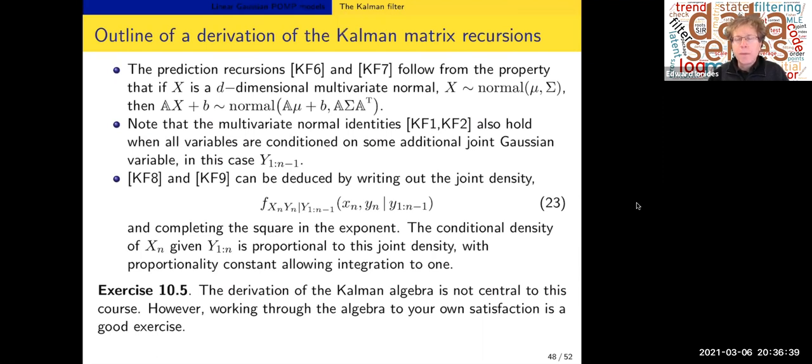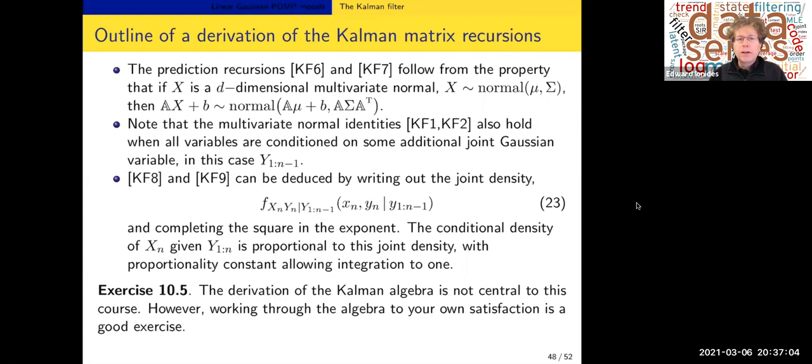The prediction step is exactly of this form, taking a linear combination, adding in some noise, and just doing the mean and variance calculations accordingly. Then you get the mean and variance depending on the previous filter distribution.